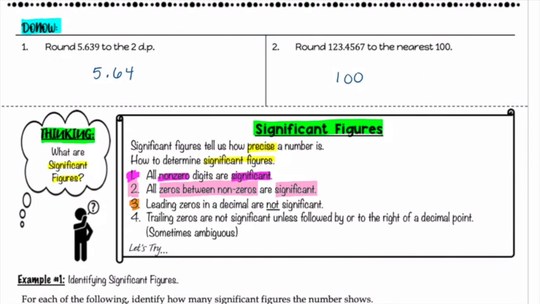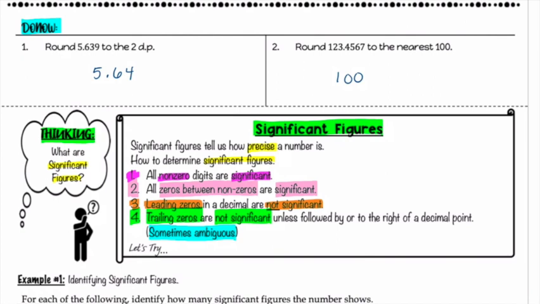Leading zeros in a decimal are not significant. 4. Trailing zeros are not significant unless followed by, or to the right of, a decimal point, and sometimes this is ambiguous. So let's try this.